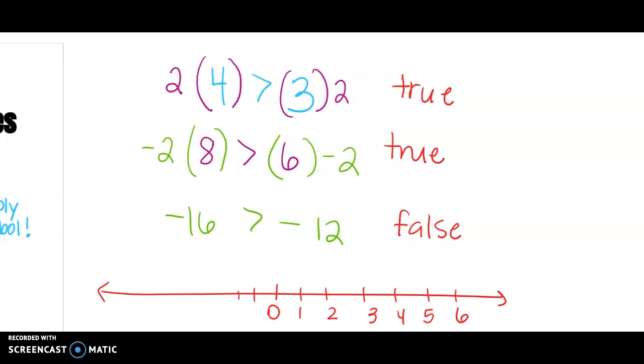But as I go to the left and move away from 0, my numbers are getting smaller. So negatives, because they work in the opposite way that positives do, you have to make sure that you flip the symbol. So to make this true, I need to switch it. Negative 16 is actually less than negative 12.